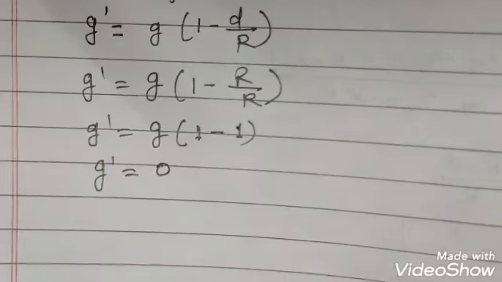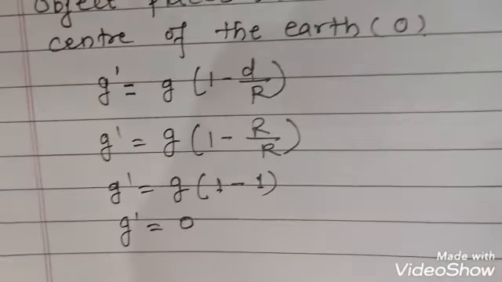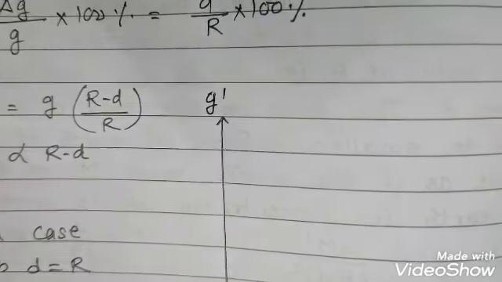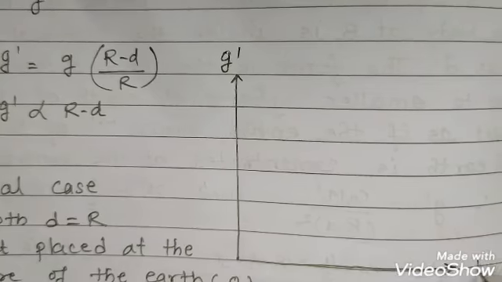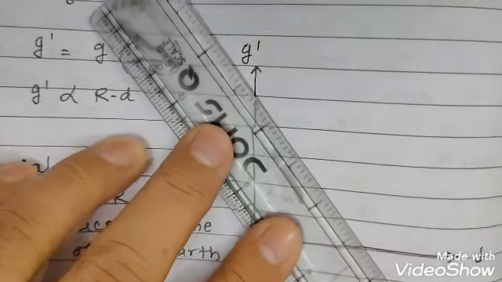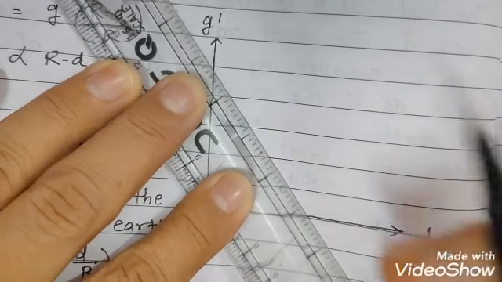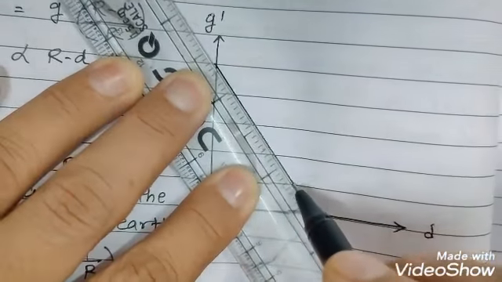So we are looking towards the variation. In the variation, if I take g dash on the y-axis and d on the x-axis, the value of g will decrease up to 0.